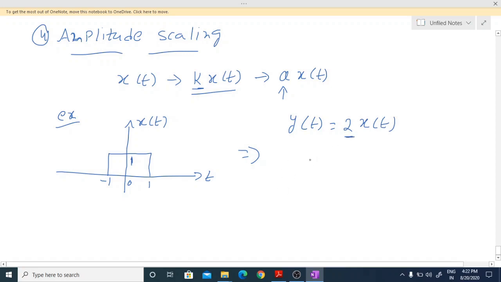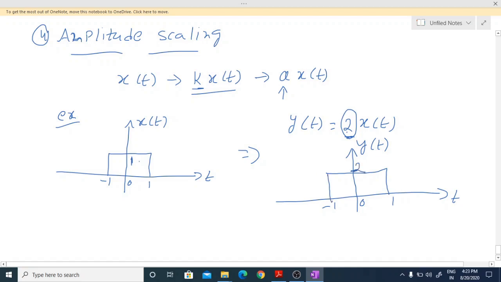Plus 2, so the entire signal amplitude will be multiplied by 2. In this case the time does not change. So this is y of t. In the input signal the amplitude is 1. This 1 is multiplied with this 2 value, then we get a pulse with highest amplitude of 2.